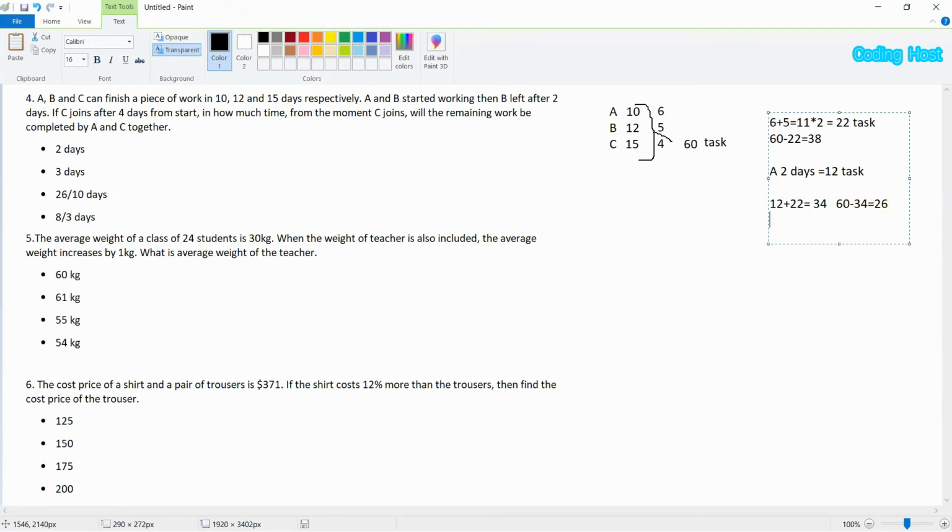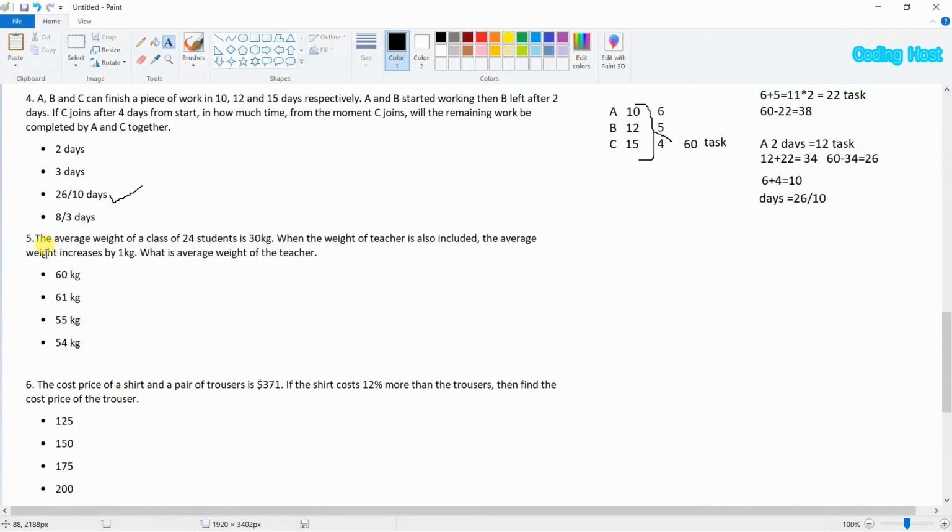The one day efficiency of A is 6 and of C is 4. So 6 plus 4 equal to 10, so together they will do 10 tasks in one day. Days equal to work divided by efficiency. So 26 divided by 10. Given here 26 by 10 days. So this is our right answer, option C.